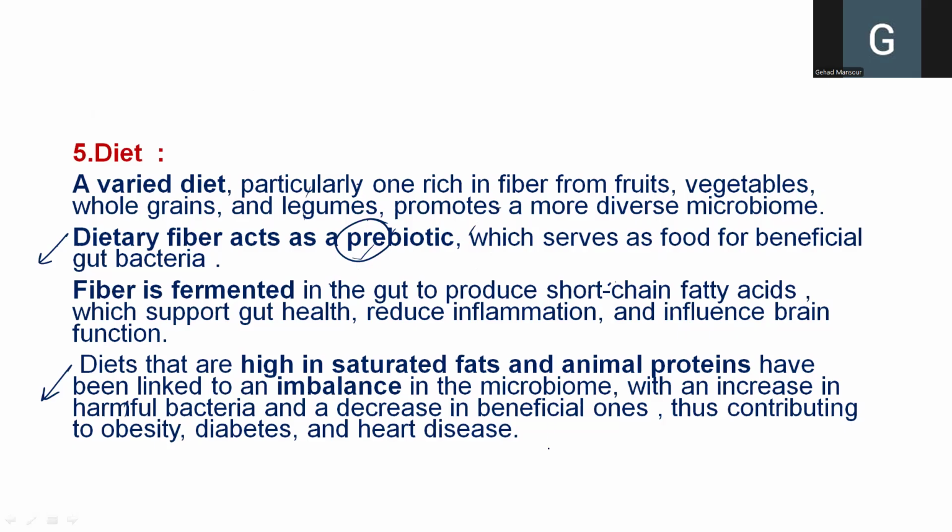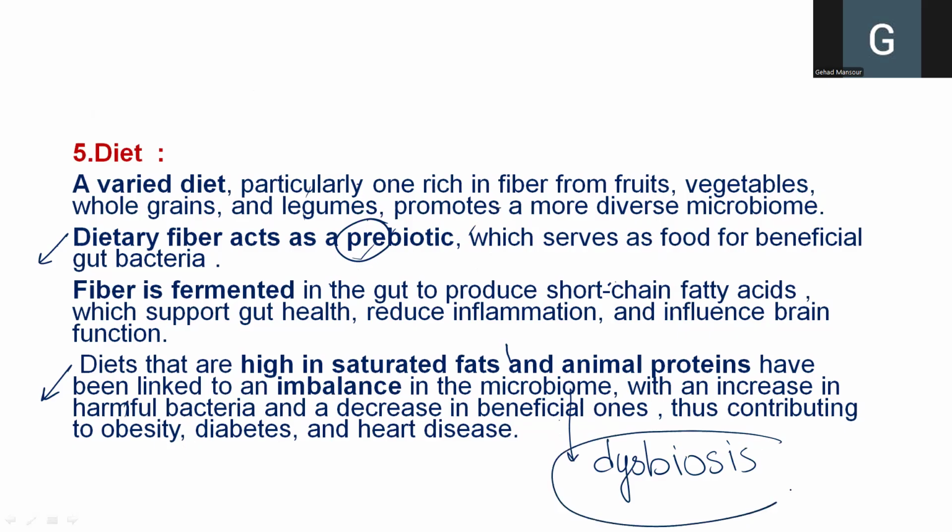As we said in the classroom last time, these two cause an imbalance in the microbiome. They cause what we call, again, dysbiosis or population shift, which is a disturbance in the ratio between friendly flora and pathogens in favor of the pathogens.